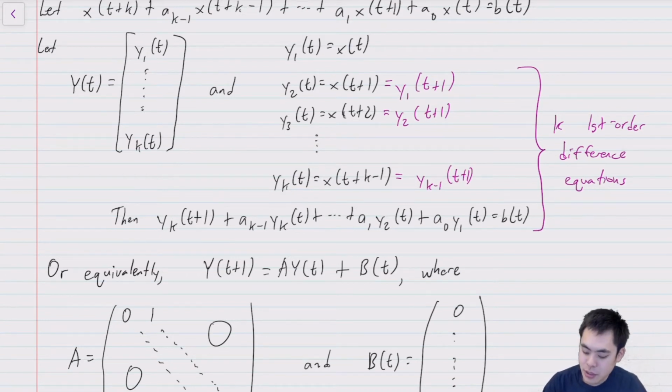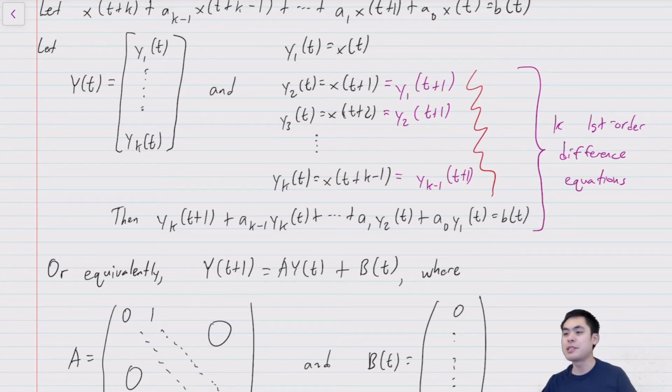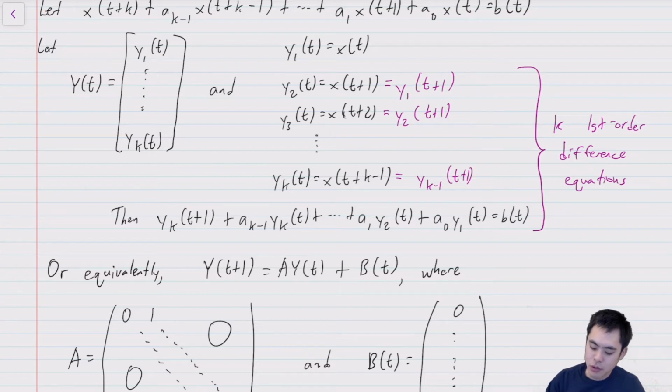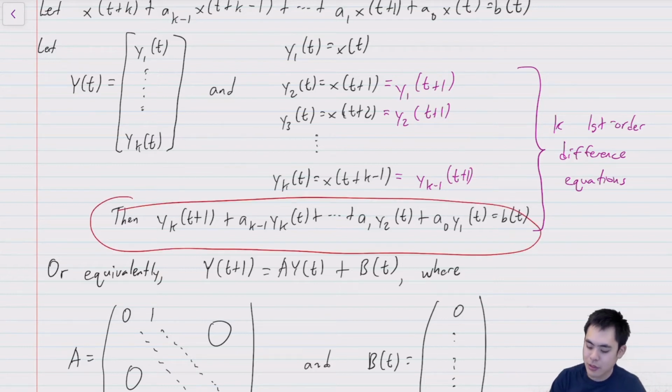And of course, we need to write everything so that it doesn't make any reference to the x's, since we want a self-contained system. And so that ends up being these k minus 1 equations that are basically setting these new variables equal to x shifted by some amount. And of course, replacing into the original equation down here gives us our final first order difference equation.